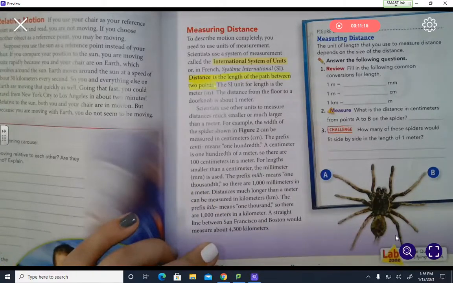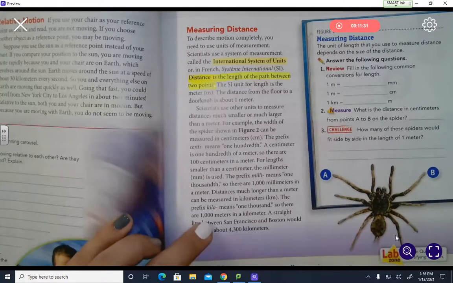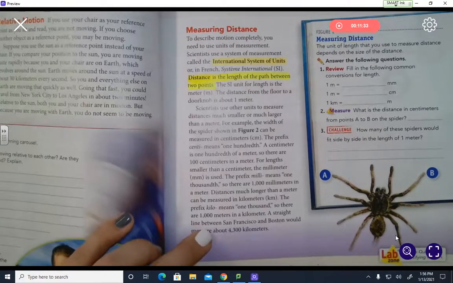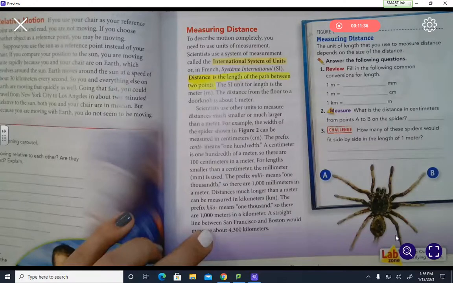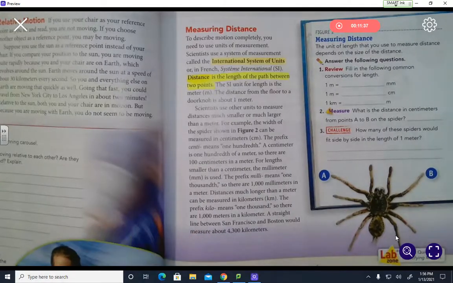The prefix milli means 1/1,000th. So there are 1,000 millimeters in a meter. Distances much longer than a meter can be measured in kilometers, km. The prefix kilo means 1,000. So there are 1,000 meters in a kilometer. A straight line between San Francisco and Boston would measure about 4,300 kilometers.